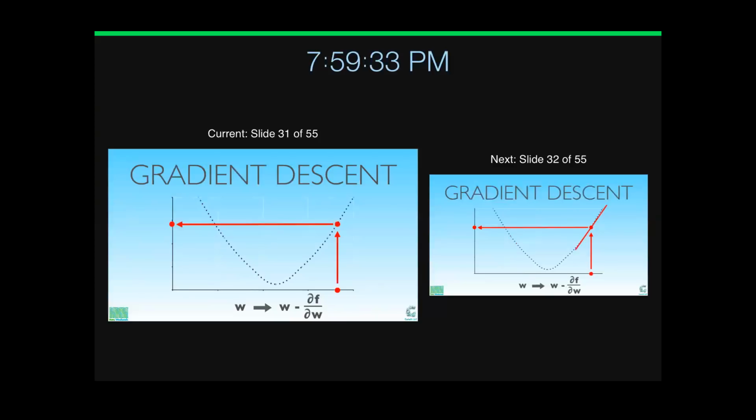What if I were here instead? I don't know the cost function. I know just the value of the cost, which, by the way, is the same cost as before. But the gradient is positive. So I take W and I subtract a positive quantity. Guess what?